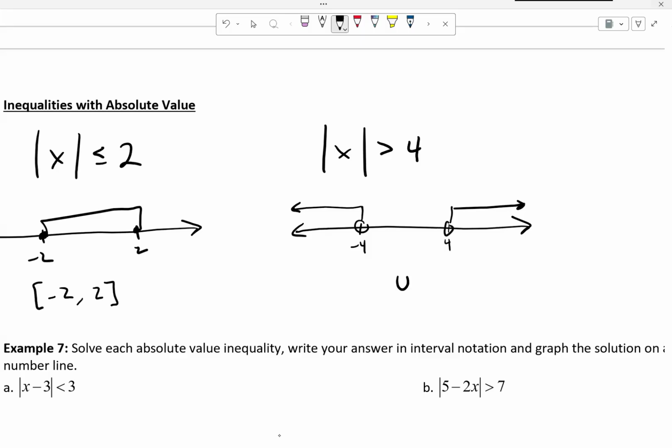Parentheses. Do we agree? Okay. And then the other one is 4, parentheses. Nice. Good work on the fly.